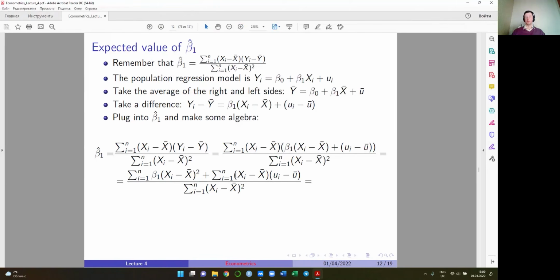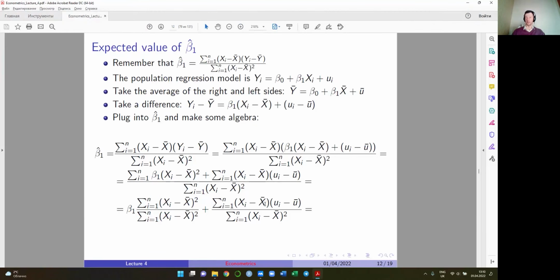What do we have? Okay, before asking this, let's make one more step. Beta 1 is constant, so we can factor beta 1 out of this summation sign. And then we can divide term-wise the whole fraction by the sum of this xi minus x bar. It's here. Now, in the first term, we see that this sum and this sum just cancel each other, and we have beta 1.